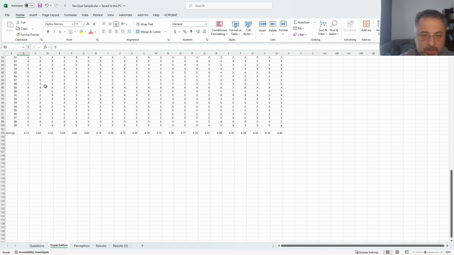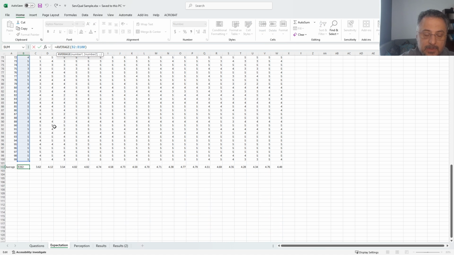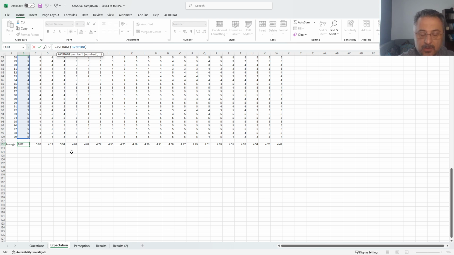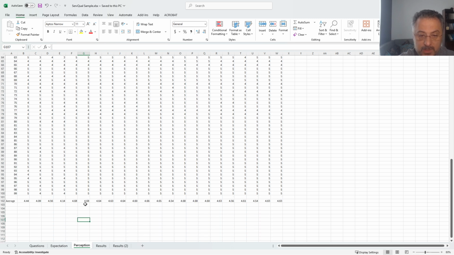So the first thing we do for the expectations, after we are sure the data is clean, everything is the way it's supposed to be, is get the averages of each question. Okay, this is a very simple task. Basically, you calculate all the averages for all the expectation questions. Then you do the same thing for the perception questions, right?